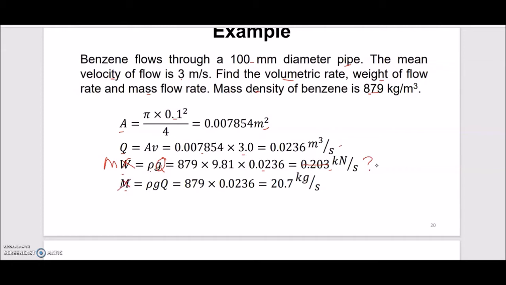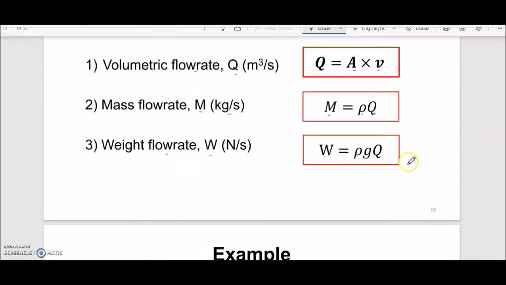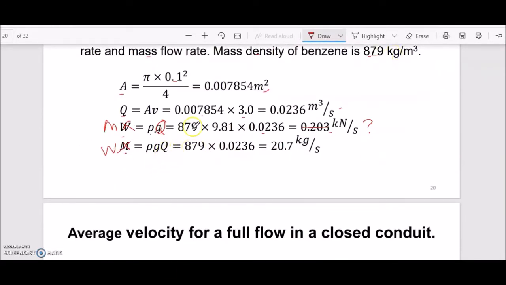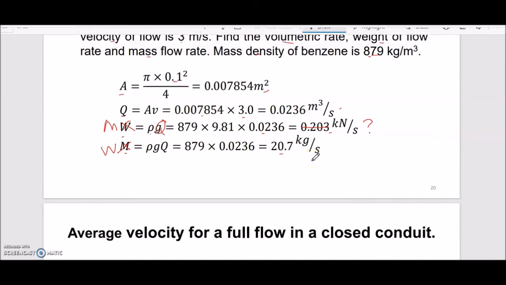So W is rho G Q. We have rho given, 879, times G, 9.81, times the Q. Okay, so you will have your W here.